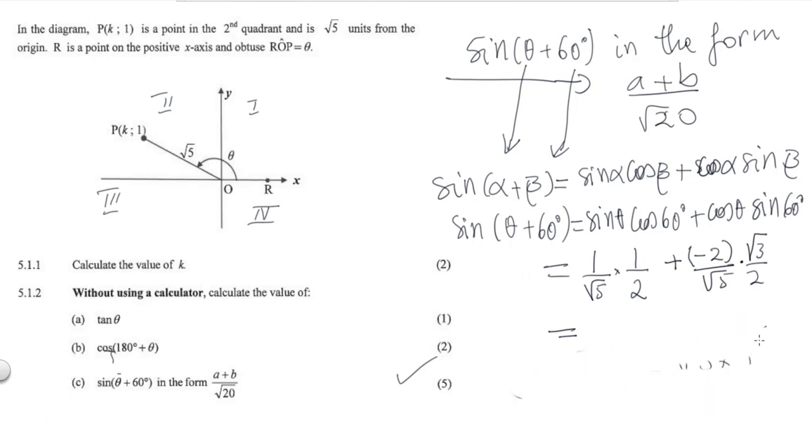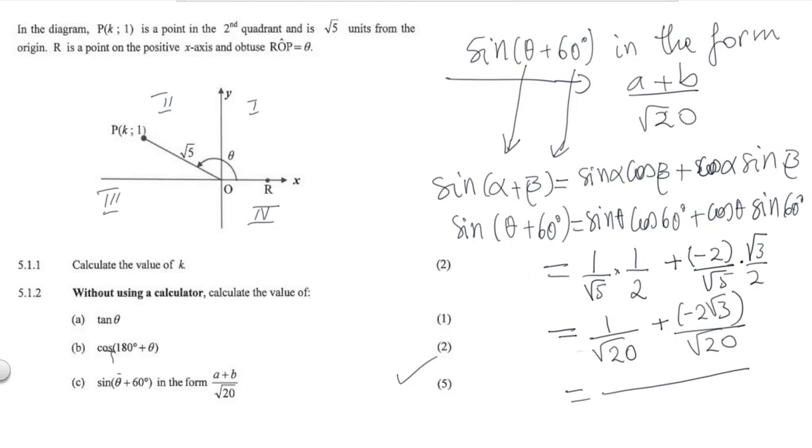Therefore we have 1 divided by square root of 20, and here we can say plus minus 2 square root 3 divided by square root of 20. So same thing here.